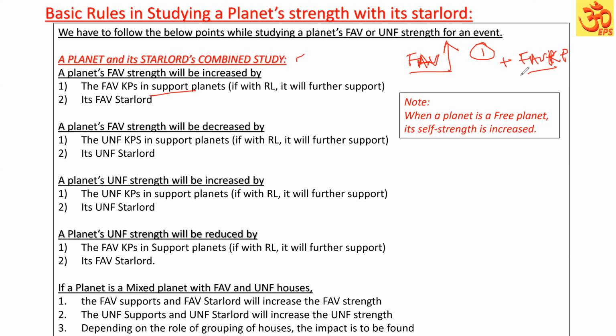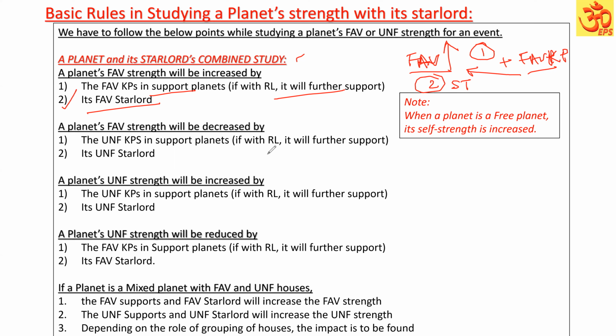If it is also forming a ruler link, that will further support. The second is that a favorable planet's strength can be increased by a favorable star lord. So a planet's strength can be increased by the support planets and its star lord.